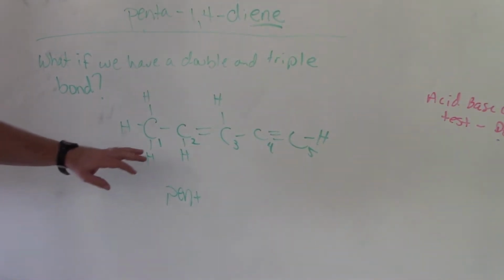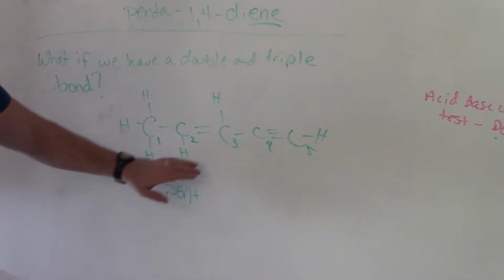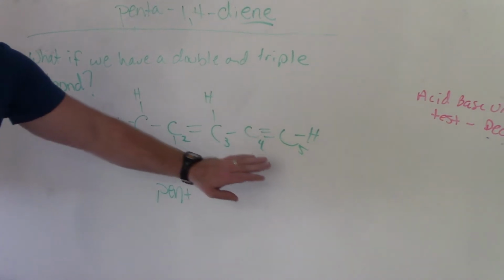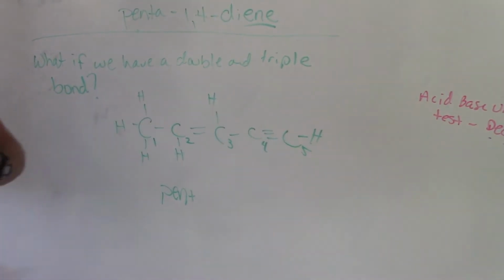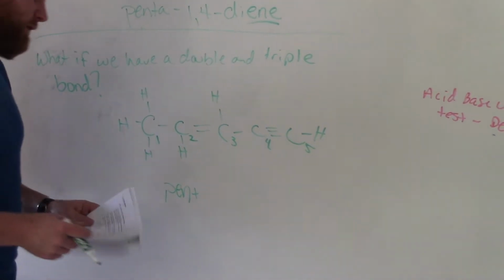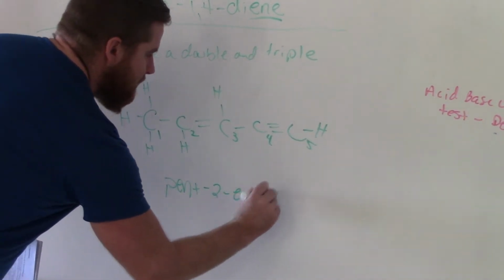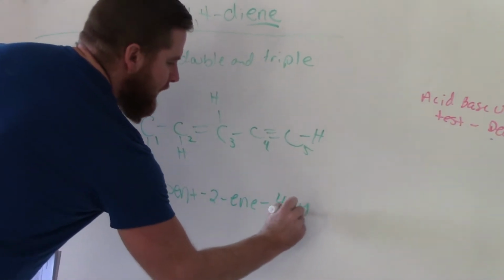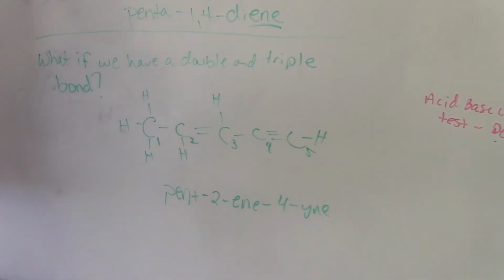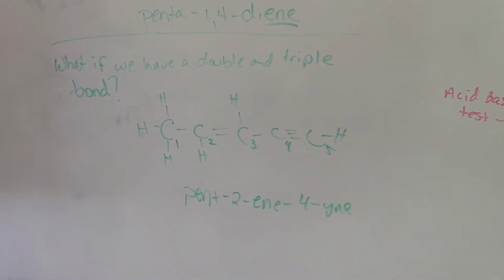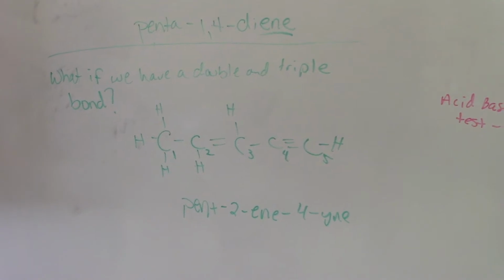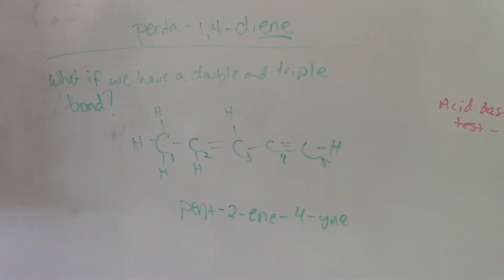But we number to where the closest alkene is versus the closest alkyne in an alkene-alkyne situation. So this would be pent-2-ene-4-yne. Okay? So that's not very fun, but that's the way she goes.